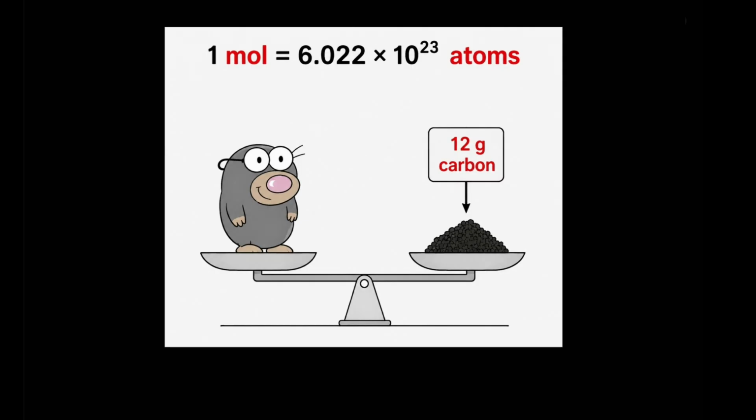A mole is equivalent to 6.022 times 10 raised to the 23rd atoms. So just by hearing that, it's incredibly large. It's 6 followed by 22 more zeros. So let us begin.